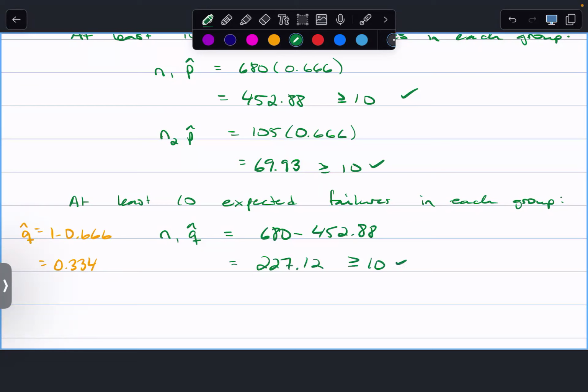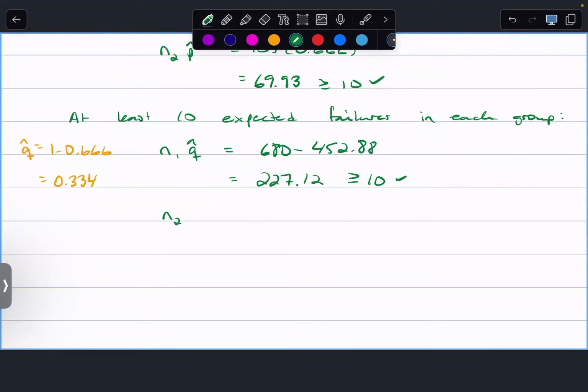It's one of those things that takes me longer to write it out than to actually go through and check it. And N2 times Q hat is 105 minus 69.93, which is 35.07, which is also greater than or equal to 10.